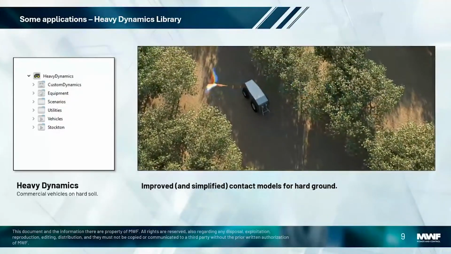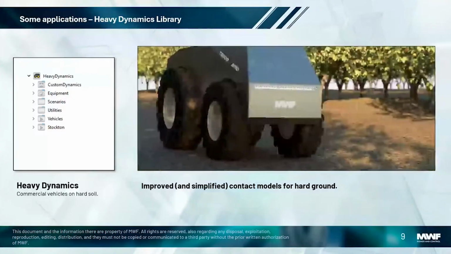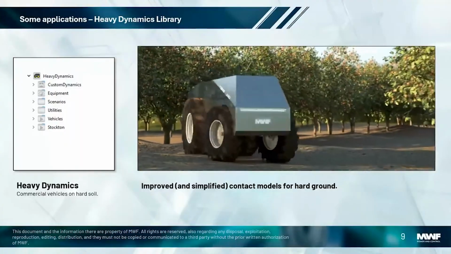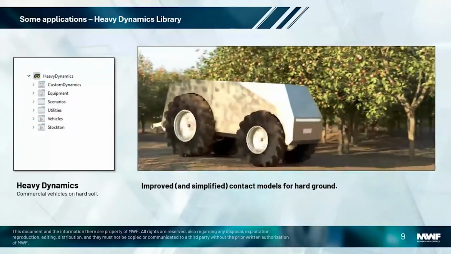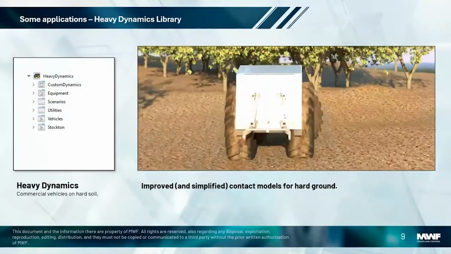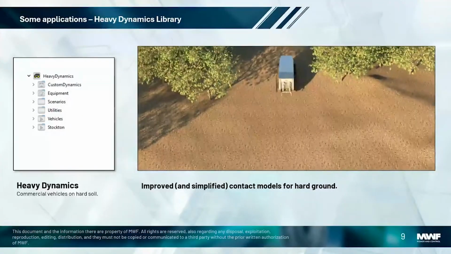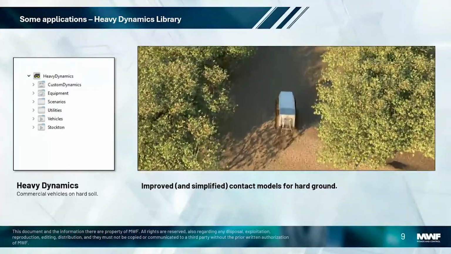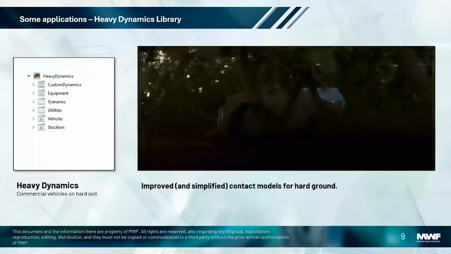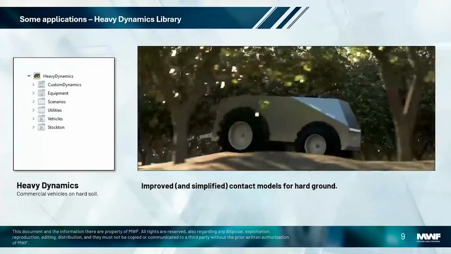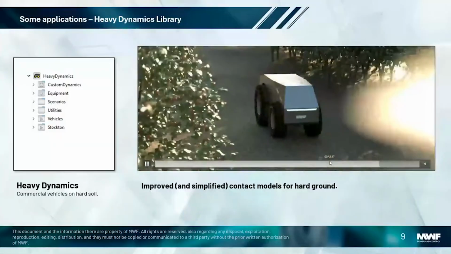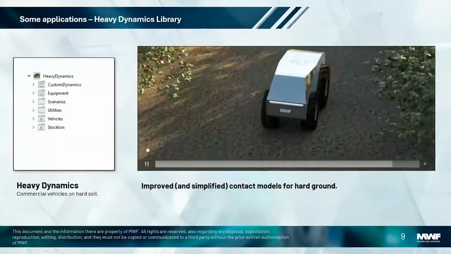Although in many situations it would be interesting to simulate it in soft soil, it is entirely simulated in hard soil, and this is very useful to help us understand the dynamics of the vehicle, the power demand, how the power is demanded for every component and every device in the power electronics pipeline, and how the motors are going to be demanded during the specific use case. So this is one of the applications.